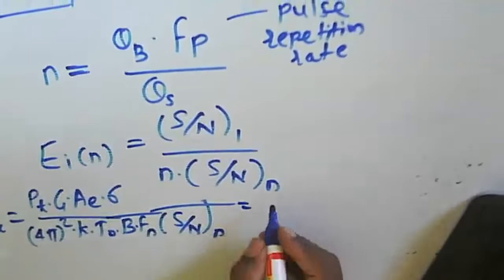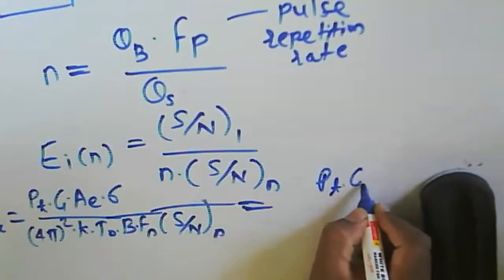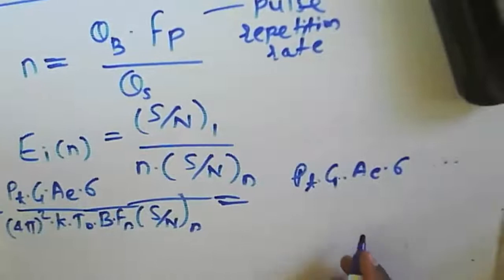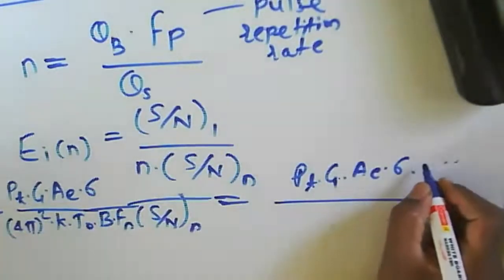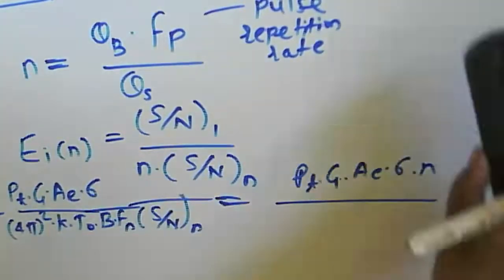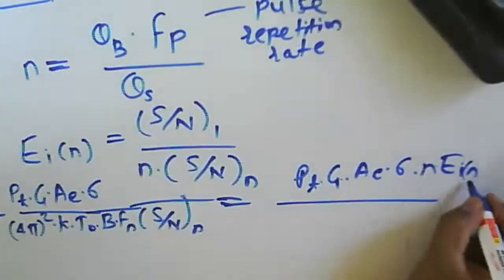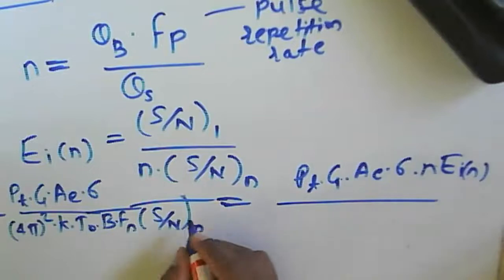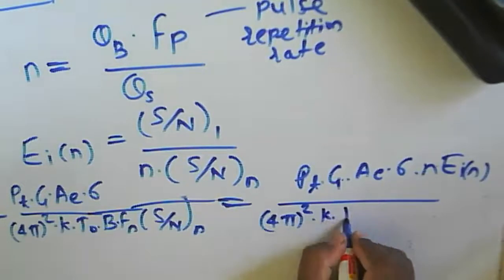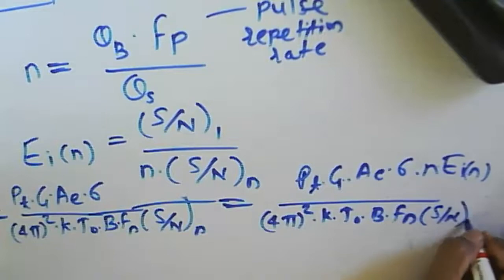Okay, so I will rewrite the equation again here. Pt G Ae sigma, then we have n Ei of n here, divided by the same 4 pi squared, square bracket squared, then k T0 B F n with respect to S by N of 1.